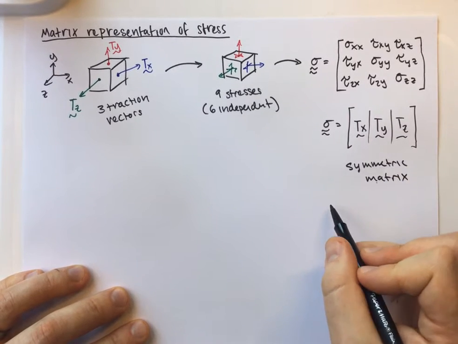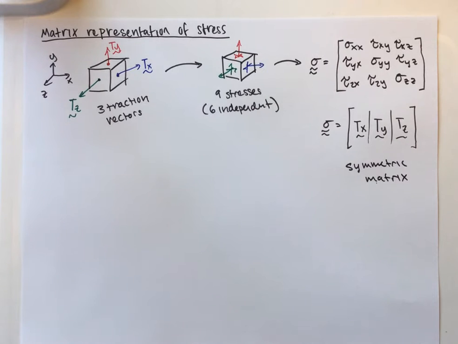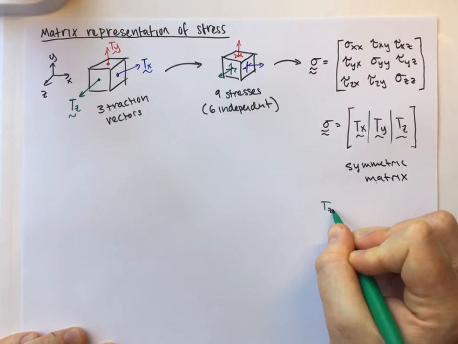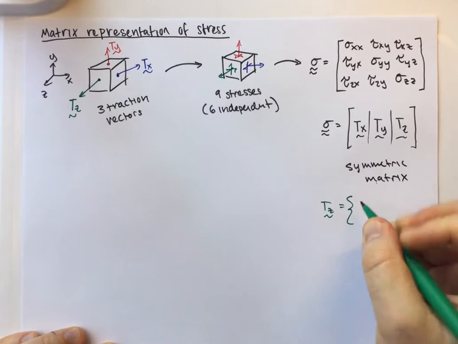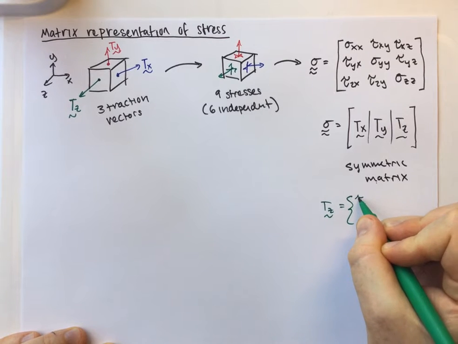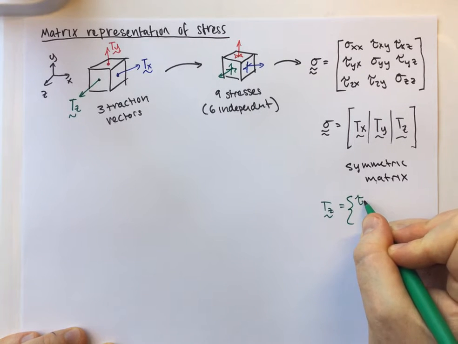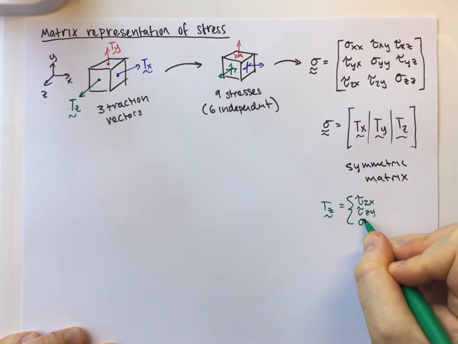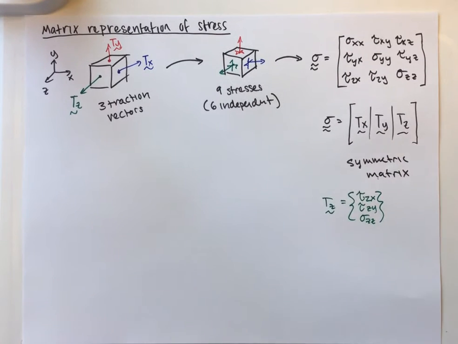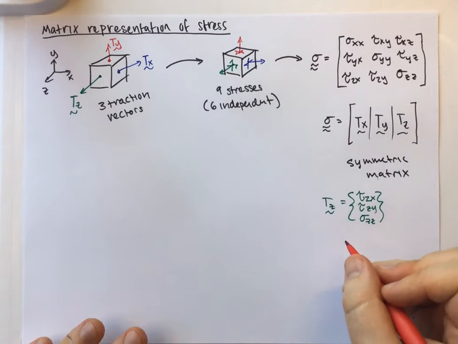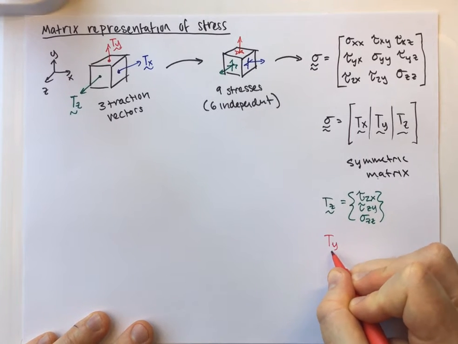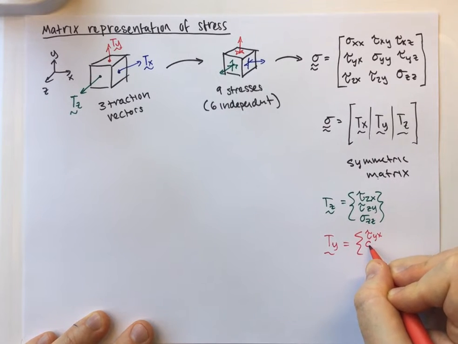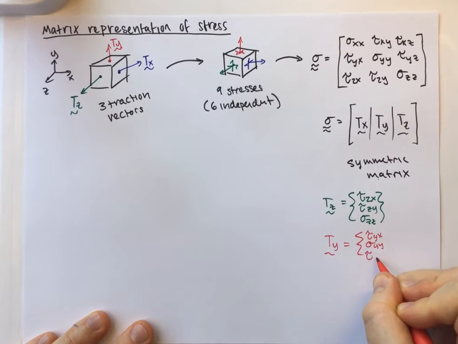And just to think about that a little bit more here, you can take our three vectors. So let's start with tau t, the traction vector in z. That's just going to end up being tau zx, tau zy, sigma zz. We can do the same thing for the traction vector in y. That's going to end up being tau yx, sigma yy, tau yz.